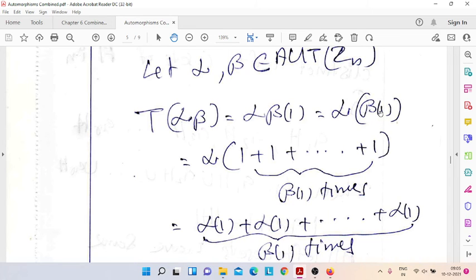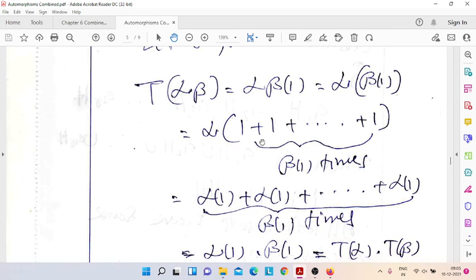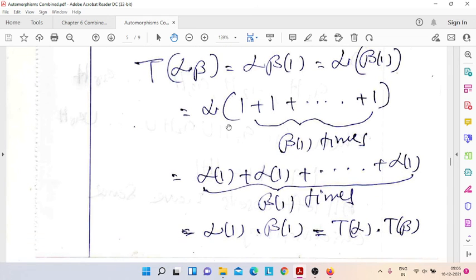Since beta 1 is an integer, it can be written as 1 plus 1 plus 1 plus, beta 1 times. So alpha of 1 plus 1 plus 1 plus that many times, and then we can split it using the property of the automorphism: alpha 1 plus alpha 1 plus alpha 1.